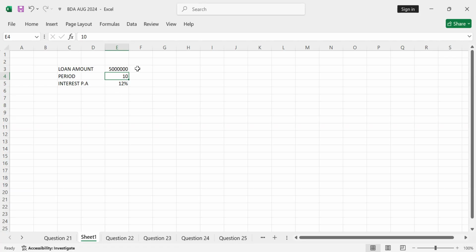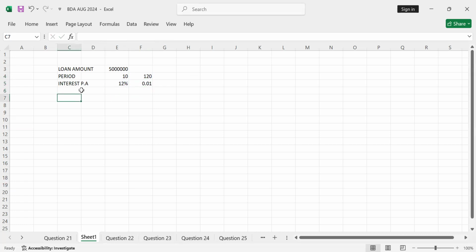So here we'll have the period, which will be equals the 10-year period multiplied by the number of months in a year, which is 12. The interest rate is per annum, so I can get per month, which will be equals 12% divided by 12, you press enter.